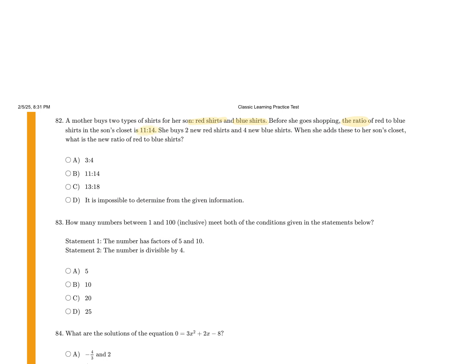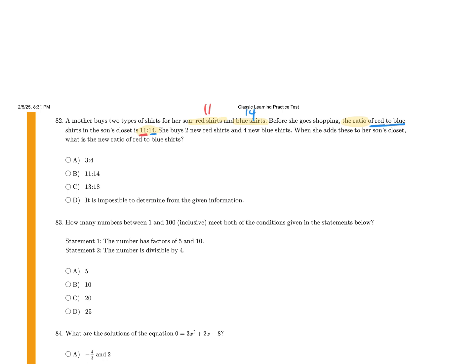They give us the ratio 11 to 14. What that ratio means is that for every 11 red shirts, there are 14 blue shirts. They mentioned the ratio is red to blue, so that means 11 goes with the red and 14 goes with the blue.